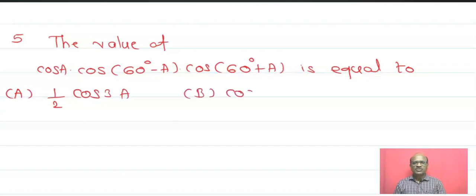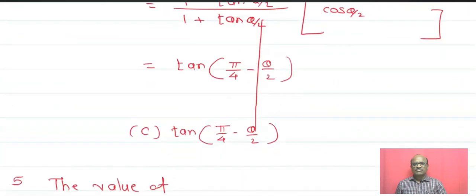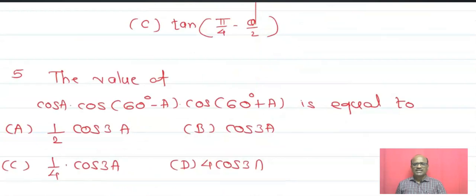Option A is 1 upon 3 cos of 3A, B is cos of 3A, C is 1 by 4 cos of 3A, and the D option is 4 cos of 3A.